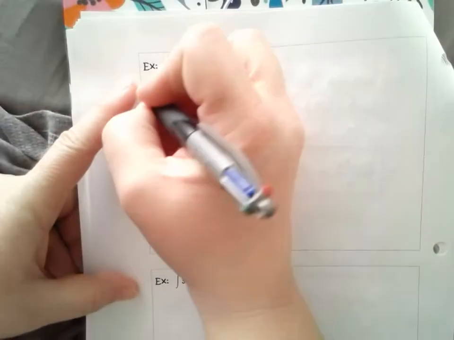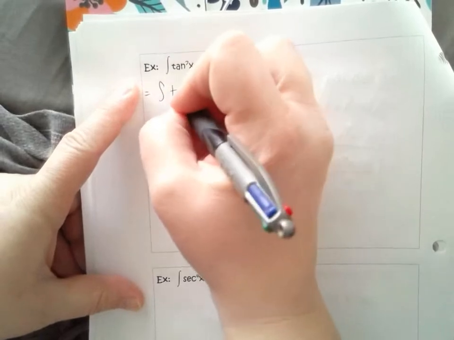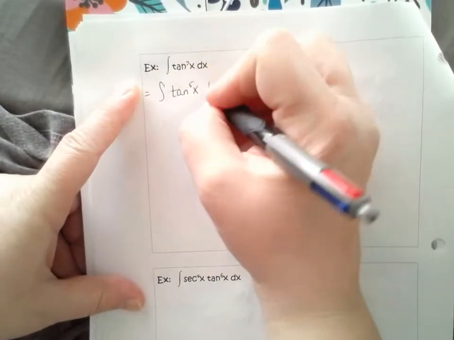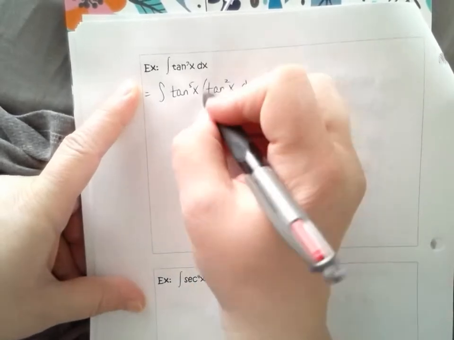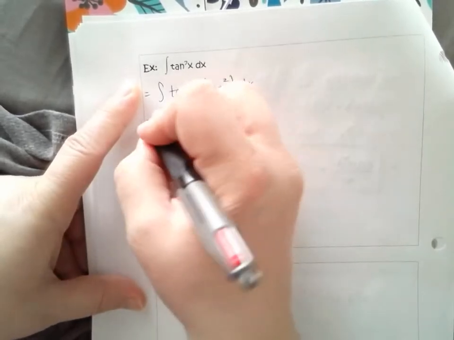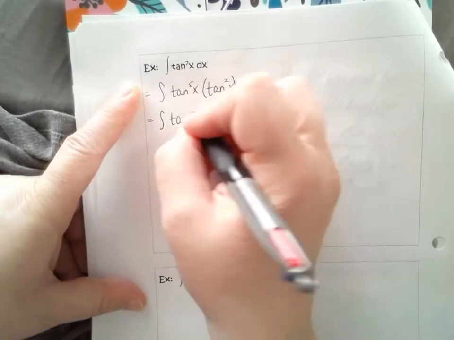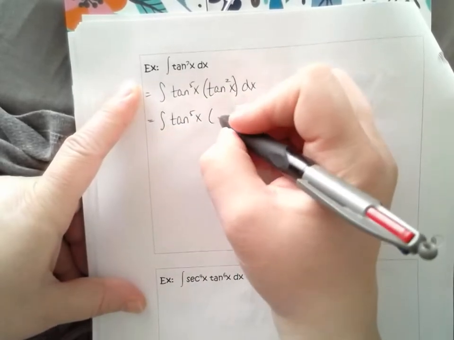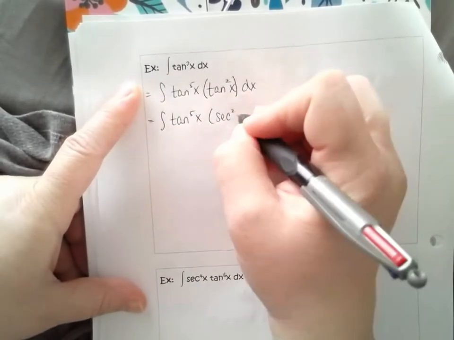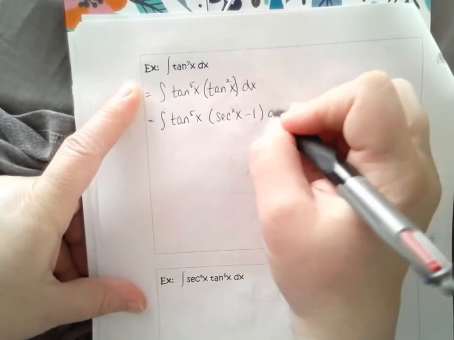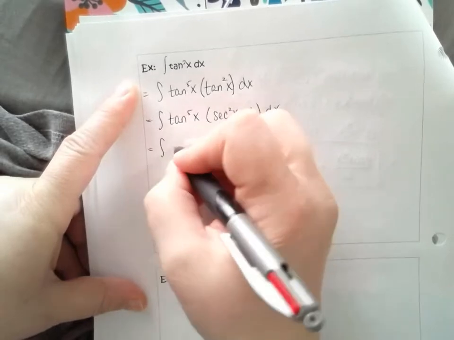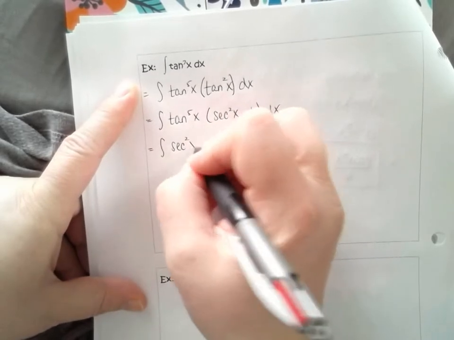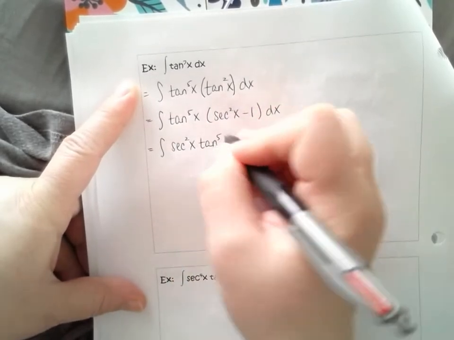If it's just tan by itself, save two of them. These two tans can be converted using the identity, and that's going to be secant squared minus 1. Okay, so I'm going to now distribute this, and I've got secant squared x tan to the 5th x.